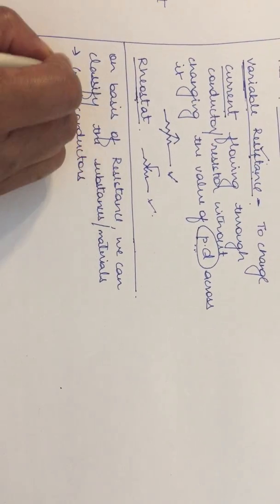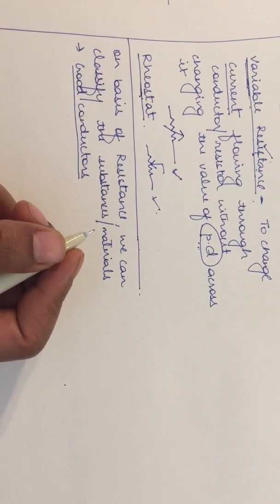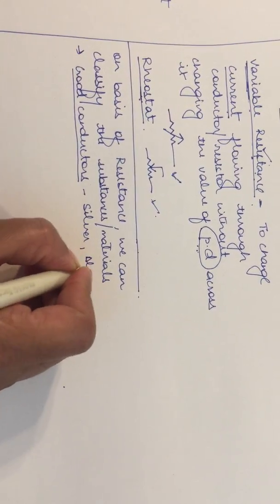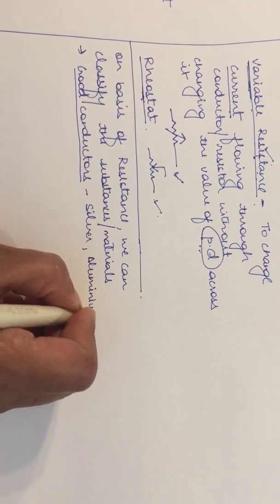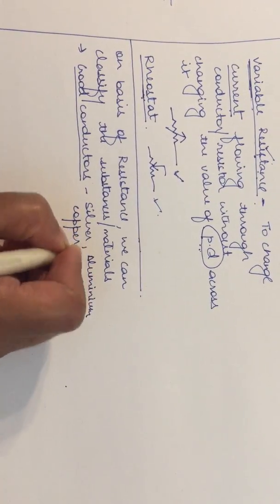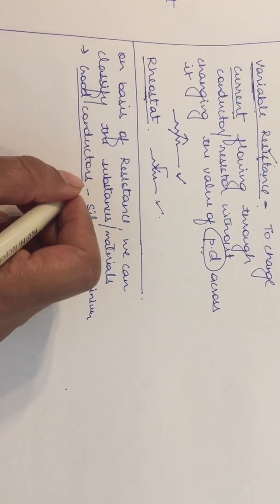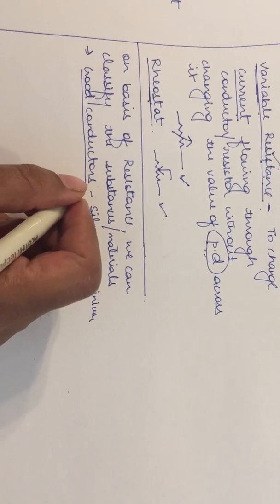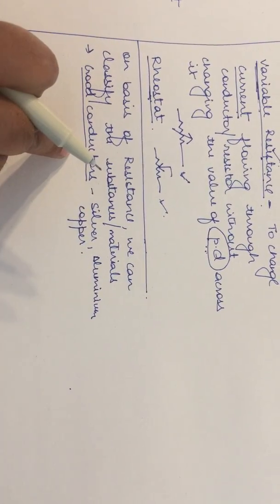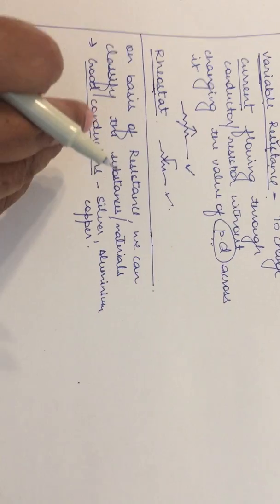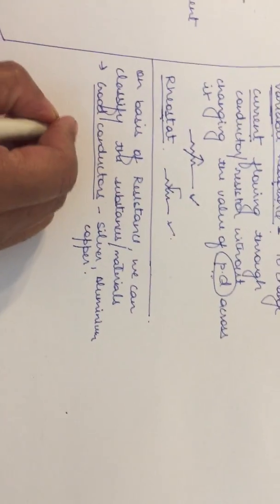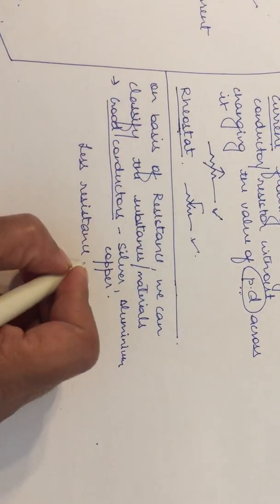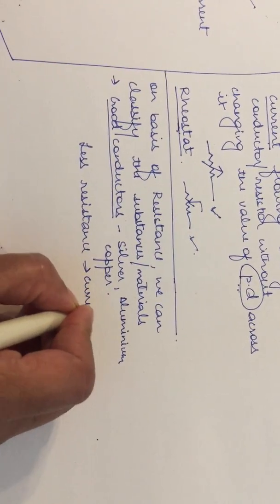In layman language, we always have been talking about good conductors, like silver, aluminium, copper, and we know why they're good conductors, because they allow the flow of current through them. If I have to describe it in terms of resistance, that means they offer very less resistance to the flow of current.